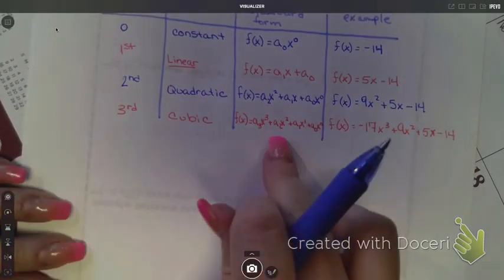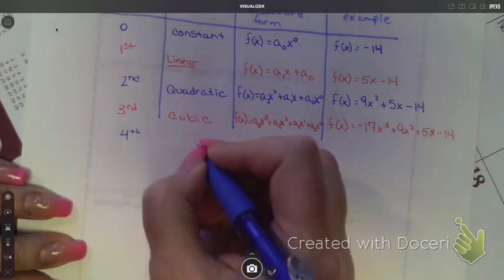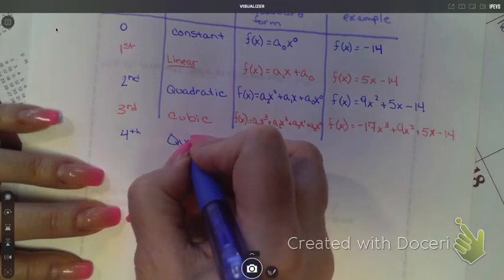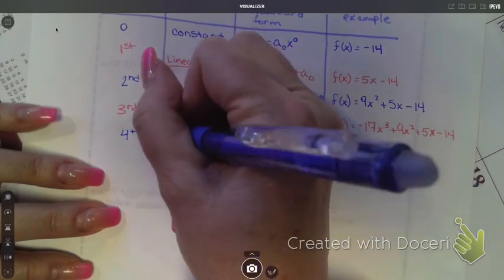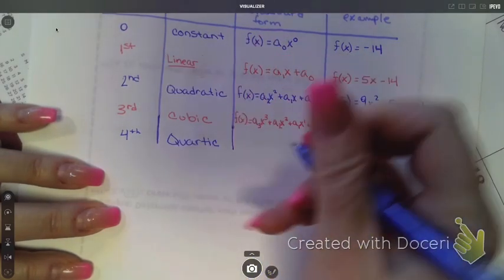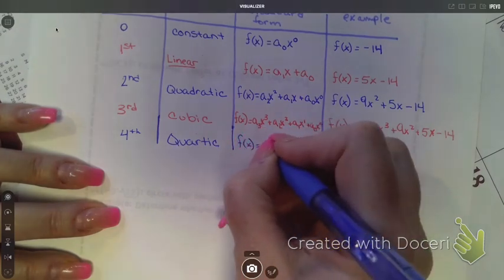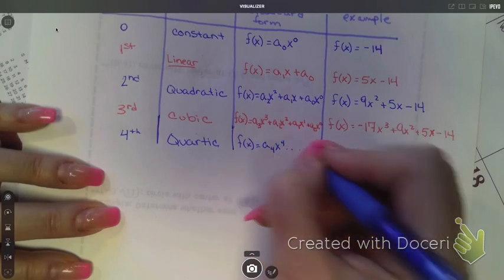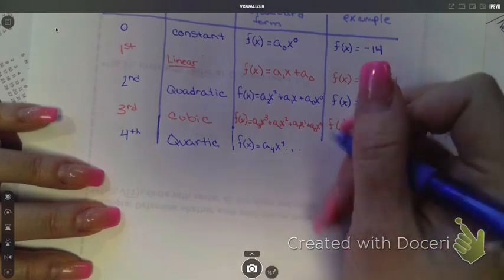The last one, we're not going to write all this out, but the last one that you would deal with, if anything, would be a fourth, and it's called quartic. Reminds you of a quarter, correct? So what's your highest degree? 4. So I'm just going to put equals a sub 4 x to the fourth and dot, dot, dot, because I just kept adding to the ones before it.